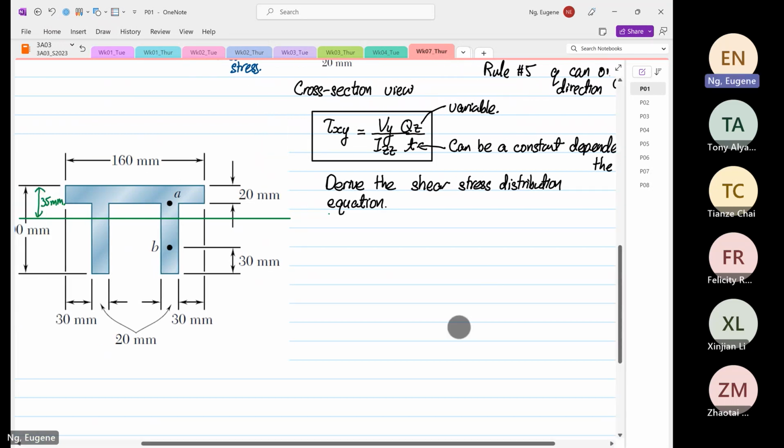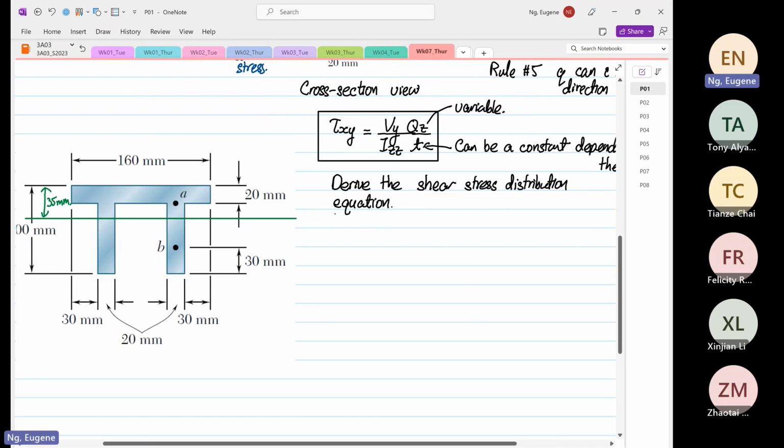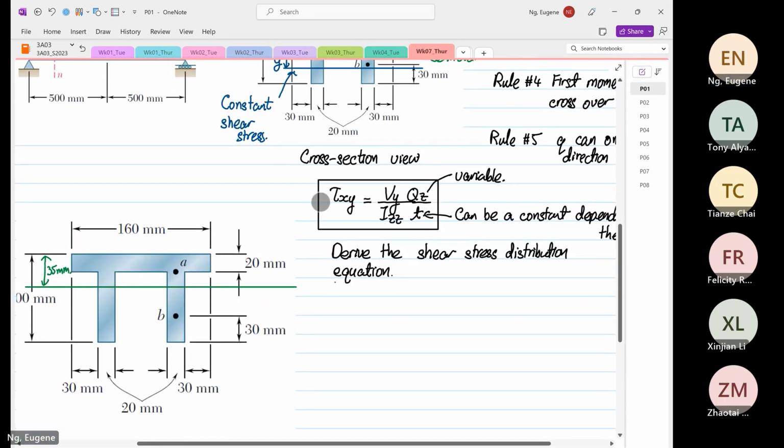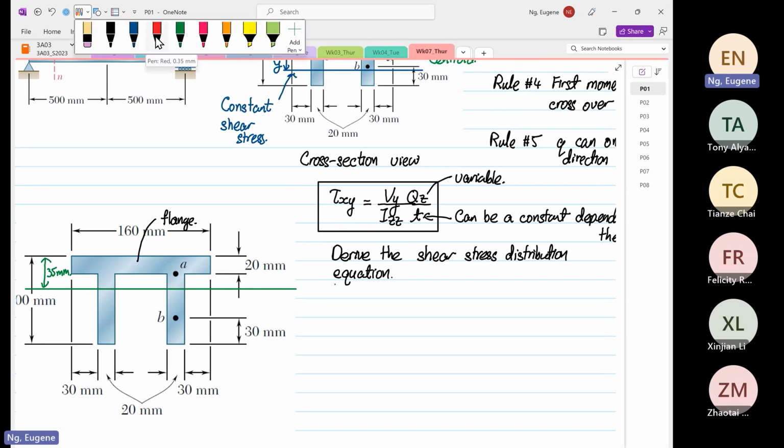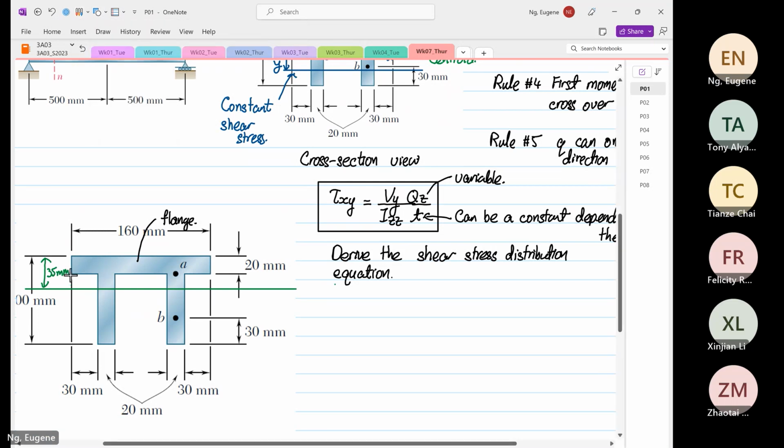Okay. So what do I mean by that? If we were to focus on the flange, okay, so this is the flange. This is what I know as a flange. And if I were to section it this way, I'm going to draw a section line now, where the red line is my section line.